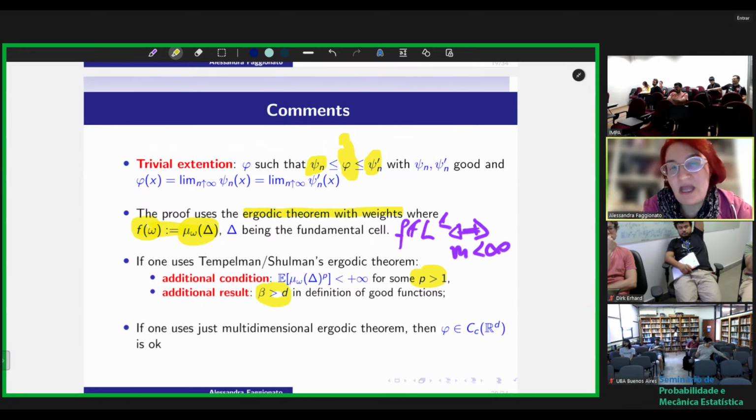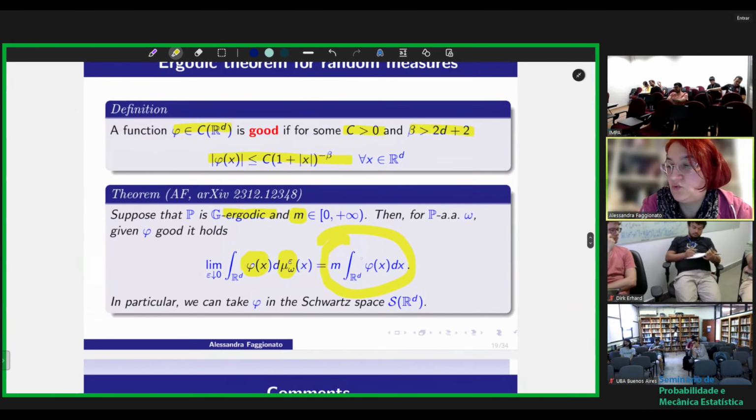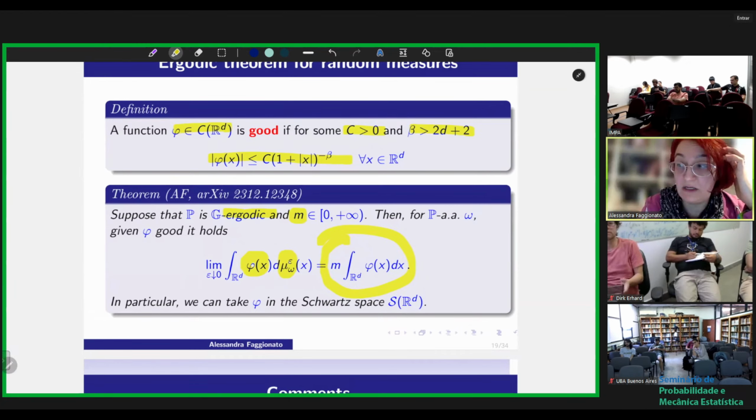And I mentioned also that if one just uses the multidimensional ergodic theorem, then the previous theorem can be proved. So it's known for phi which is continuous with compact support. So my problem was to extend the result to phi which have some decay at infinity, but not compact support. And I will show soon the motivation.